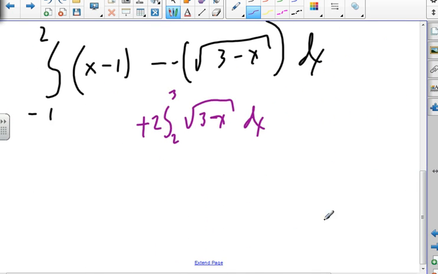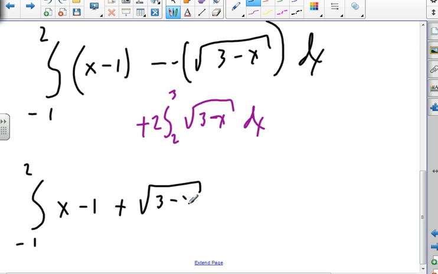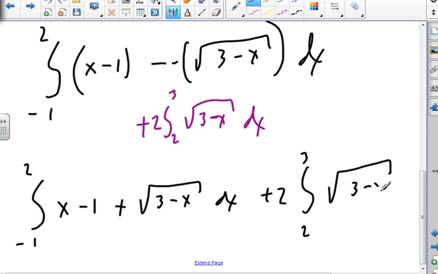So that's our plan. All right, so I've got integral minus 1 to 2 of x minus 1 plus square root of 3 minus x dx plus 2 integral 2 to 3 square root of 3 minus x dx.